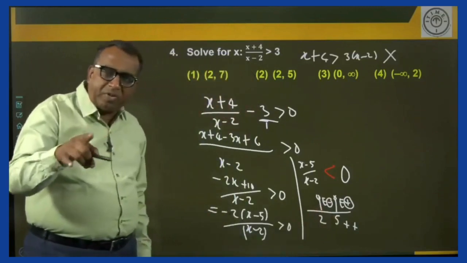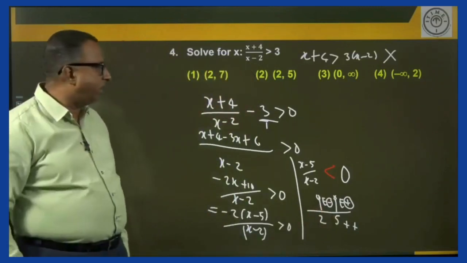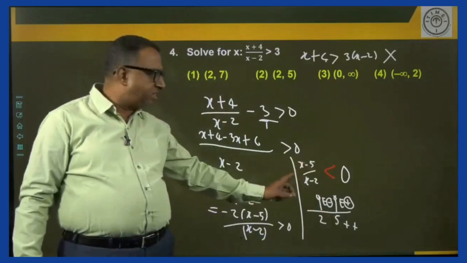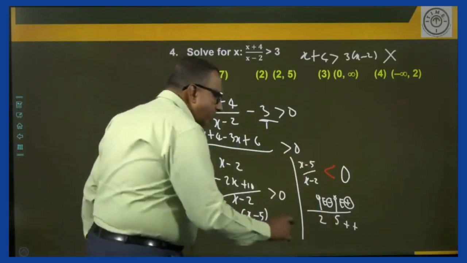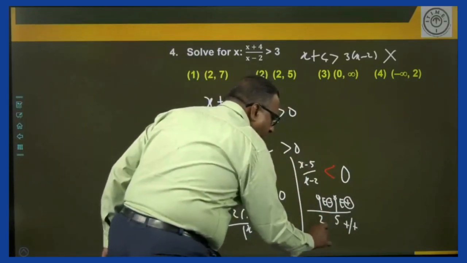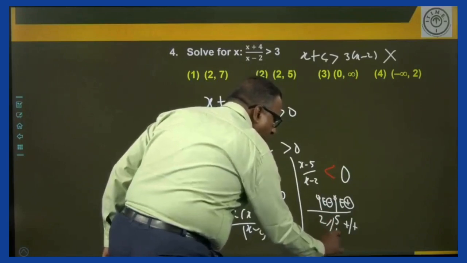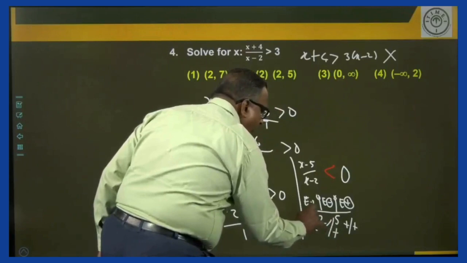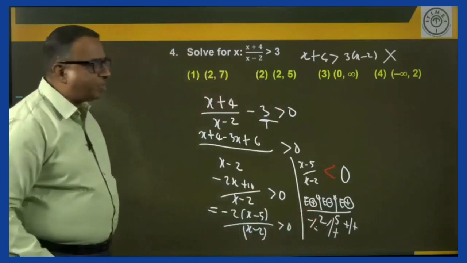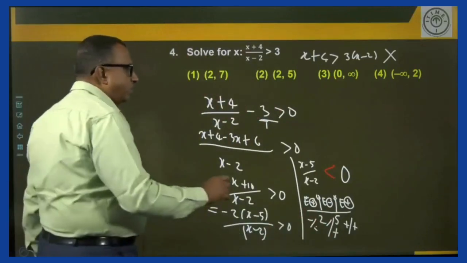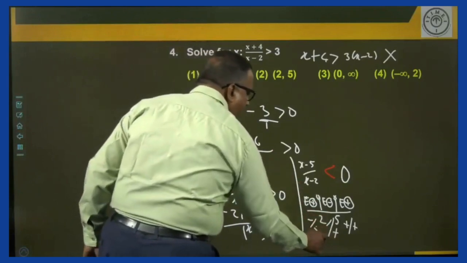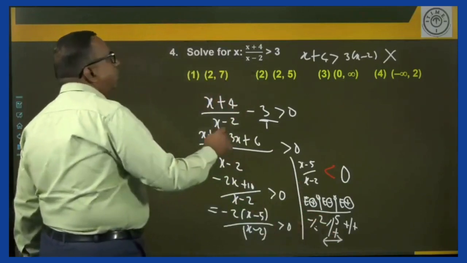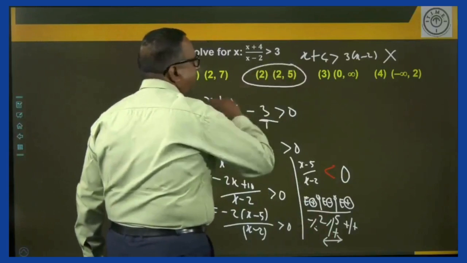If you put a number between 2 and 5, say 3, 3 minus 5 is negative, 3 minus 2 is positive. Here we got plus by plus, here minus by plus, here minus by minus. Here the expression will be positive. Finally what do we need? Expression negative is what we need. Expression negative means the number should be anywhere from 2 to 5. So 2 to 5, therefore choice 2 is the answer for this.